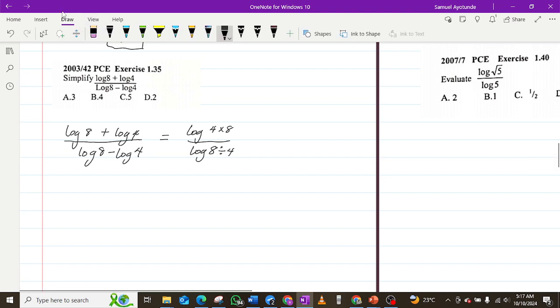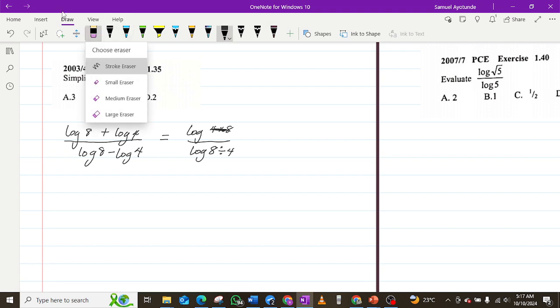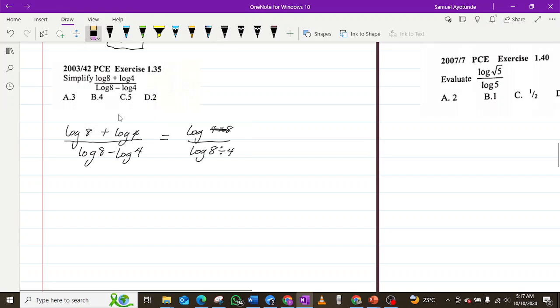I will change what I wrote here so that it's written the same way the question is.